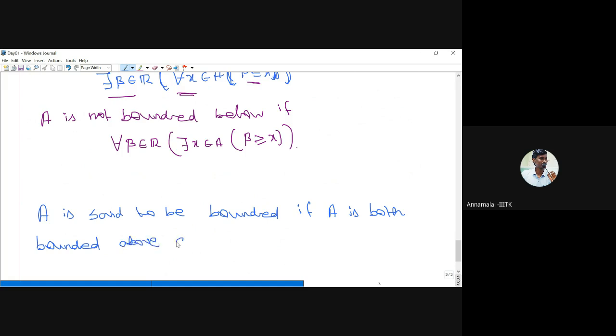Bounded above set and bounded below set, then we say A is bounded.